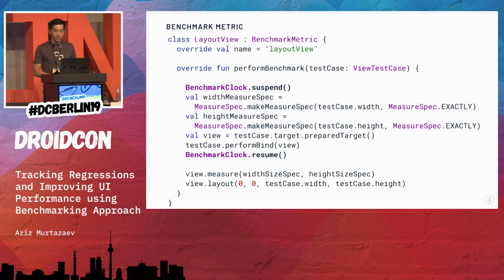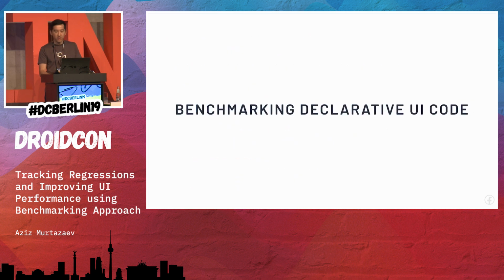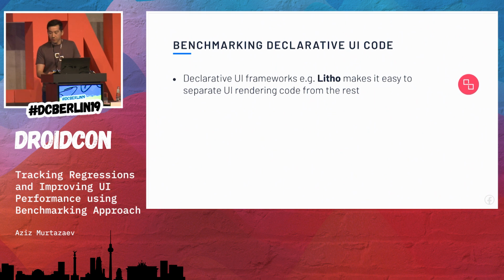So let me talk about benchmarking declarative UI code. Declarative UI frameworks like Litho make it really easy to separate UI rendering code from the rest of the app code. It has a unidirectional flow programming model where you have immutable data and you pass it to a component function, and it always returns the same result.